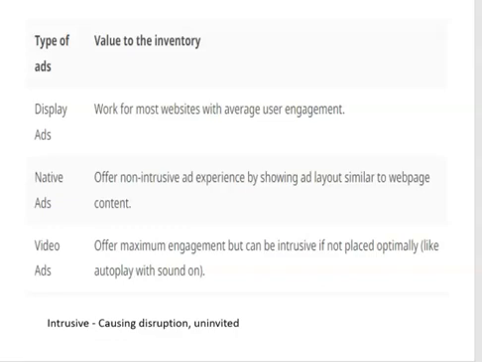And later on, we have another type of ads related to video ads, which offer the maximum engagement with the customer because they have both text as well as visual media, and customers usually get attracted to this sort of ads, which have both audio and visual elements.